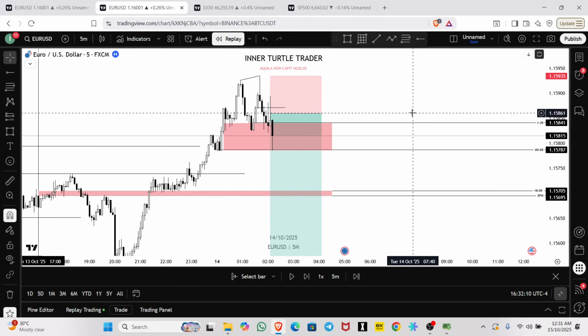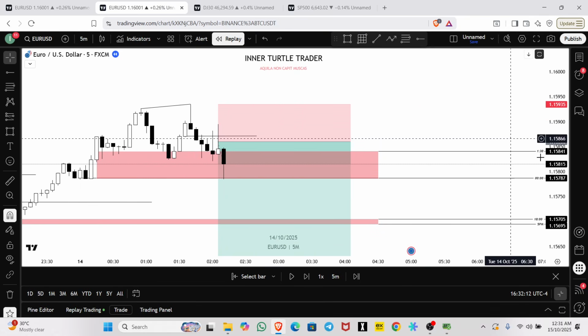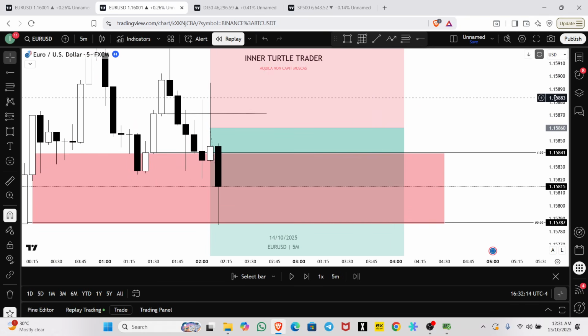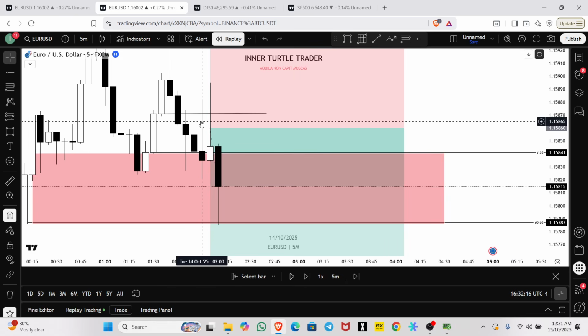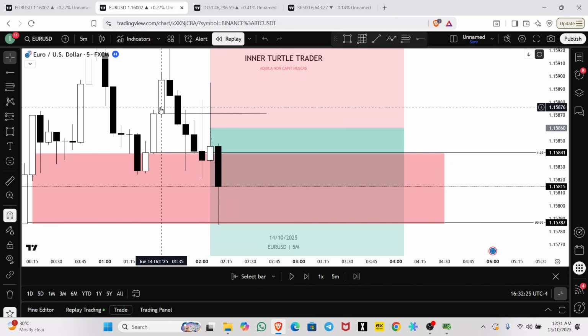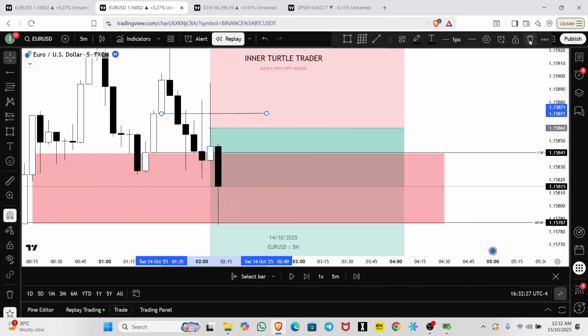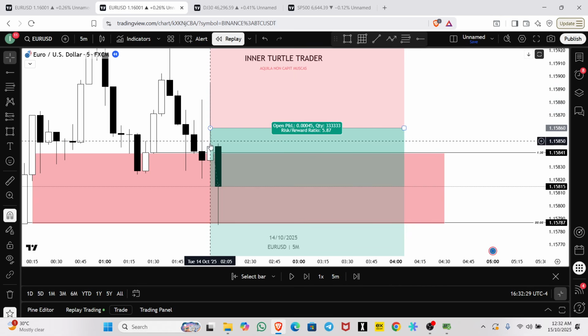Here, when this happened, this is where the PD arrays come in between, right? Since we have this candle as a down close candle, the next candle which pierced itself inside this CSD right there, this candle, you see where it's forming.